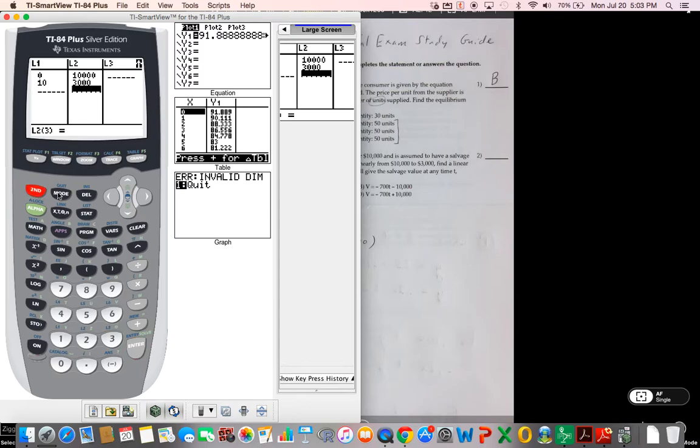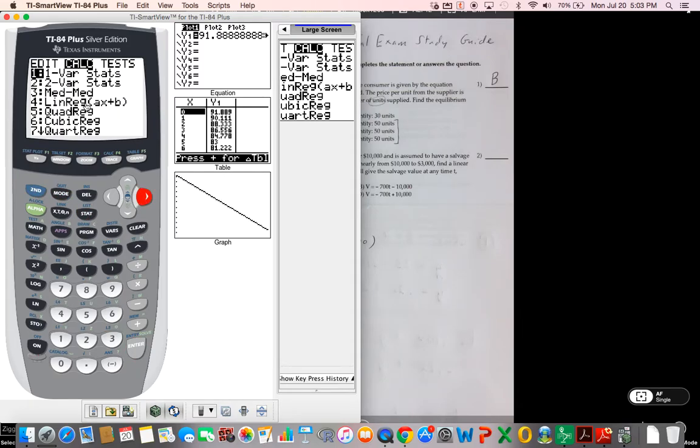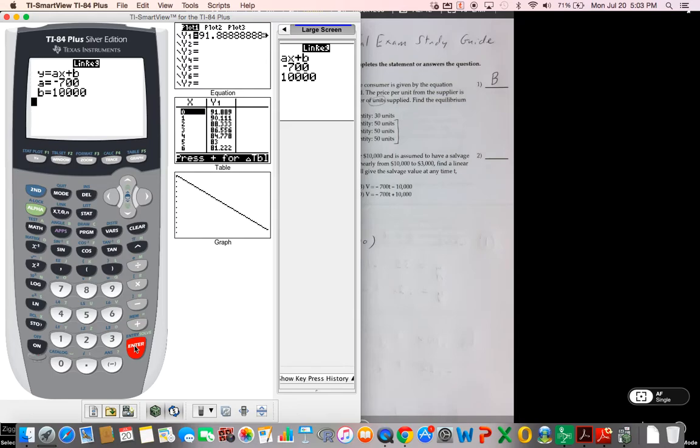Now, as I showed you earlier, we can go Stat Calc, linear regression ax plus b. And we have L1, L2. Calculate. And we'll see that our A is negative 700 and our B is 10,000.